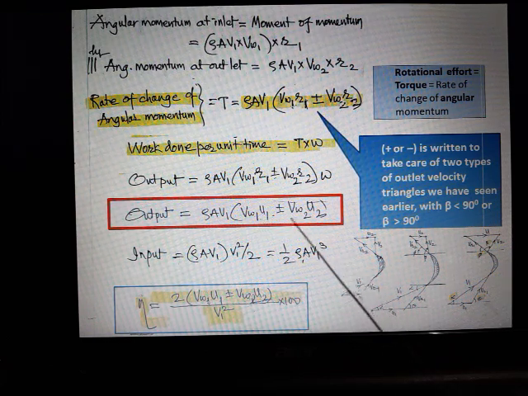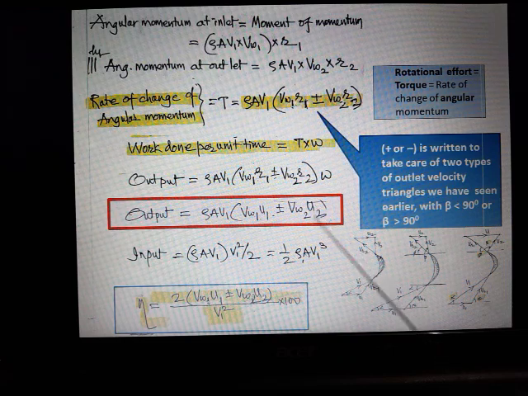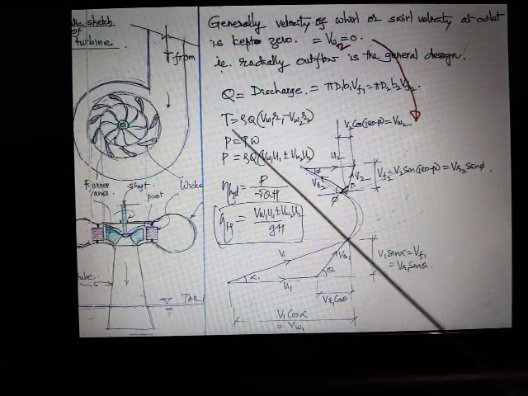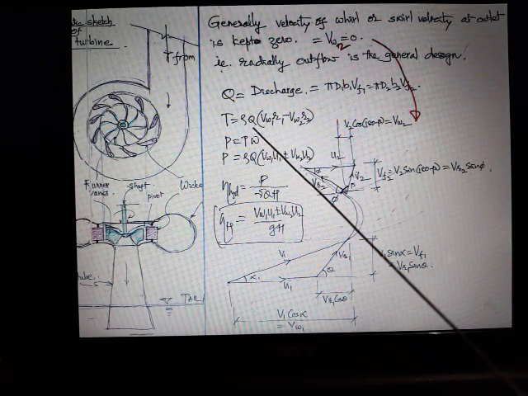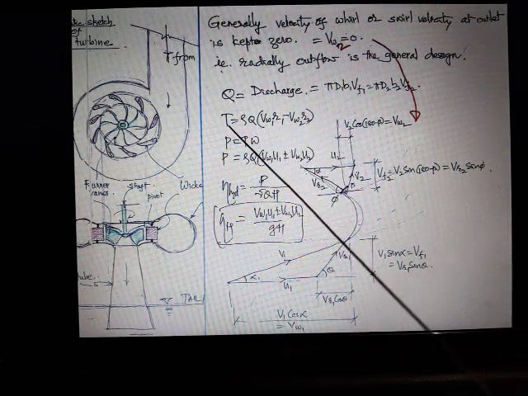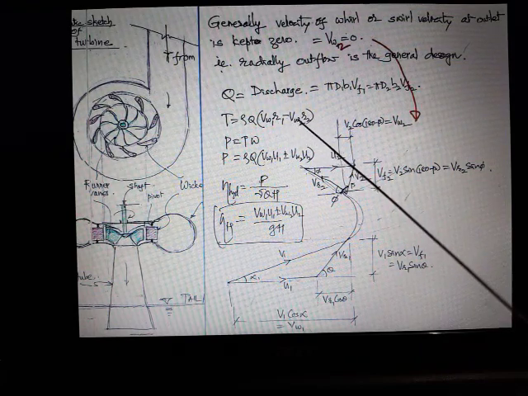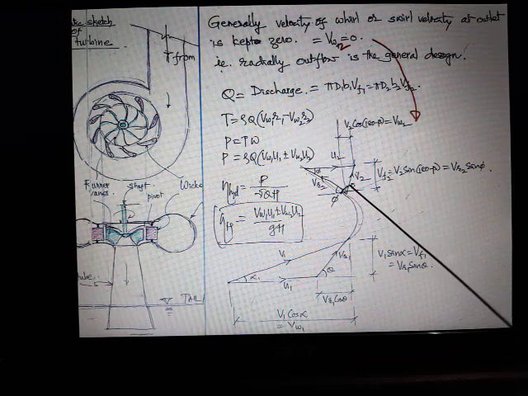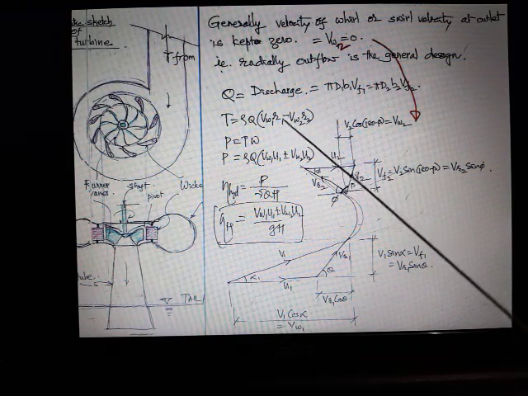In this, VW2 is becoming zero, that's what we are trying to tell. We'll go back to that slide. So the torque is given by rho Q, mass rate of flow, into VW1 R1 plus or minus, of course, VW2 R2. If beta becomes more than 90 degrees, it is minus.